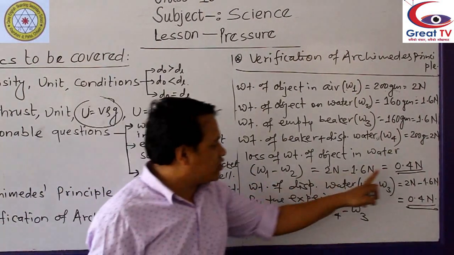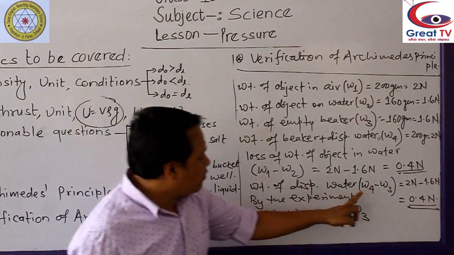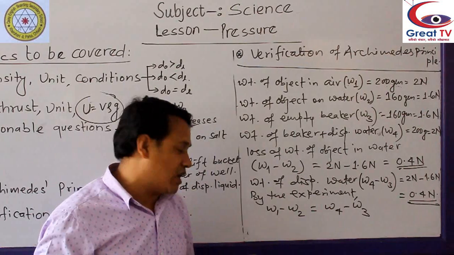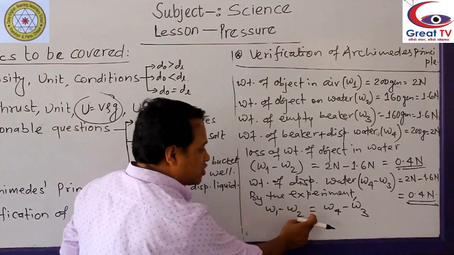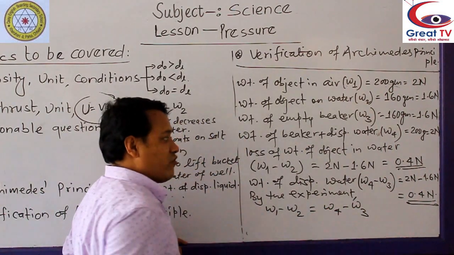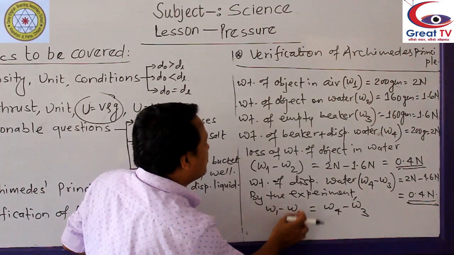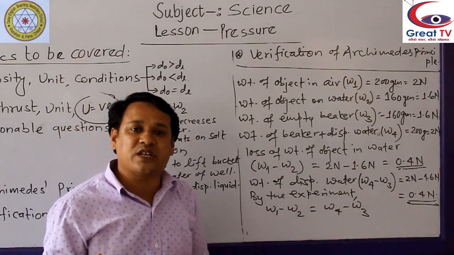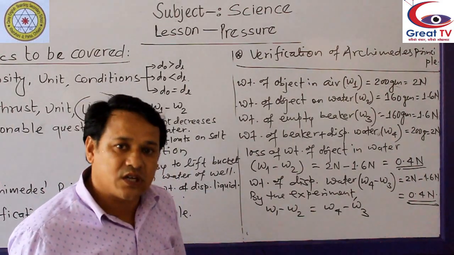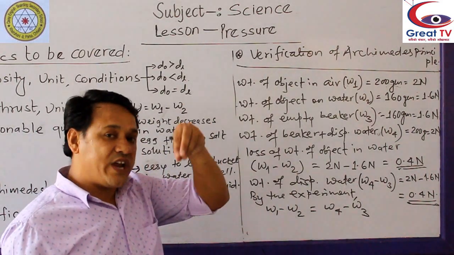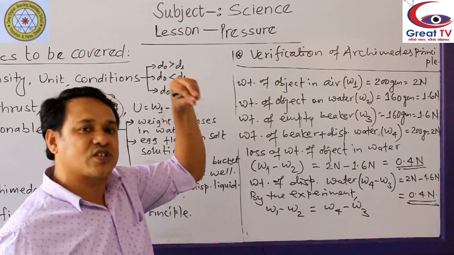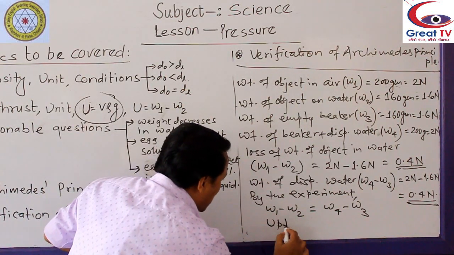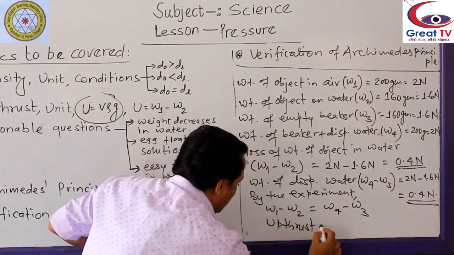And W1 minus W2 means the loss of weight of the object because of upthrust. The weight of the object is reduced because of upthrust. That's why we can write here: upthrust.